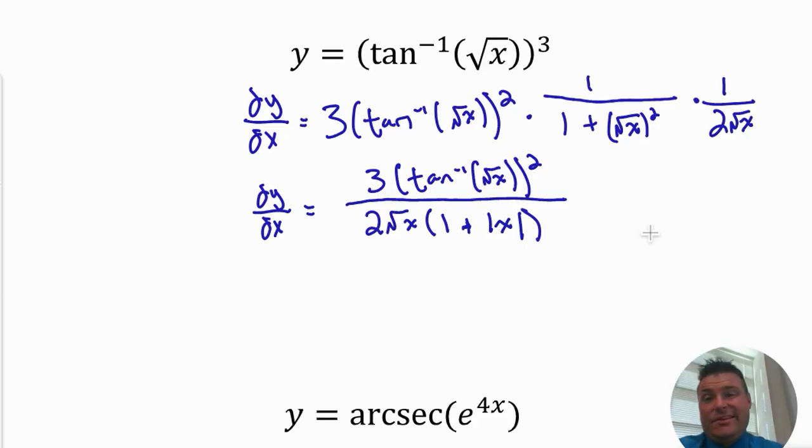The absolute value of x is a little bit redundant, since we do have the square root of x. Square root of x only produces positive numbers, so our domain anyway is from 0 to infinity. Anyway, this is going to be our derivative. That's as simplified as I can get. I don't want to simplify any more than that, and I'm not going to.